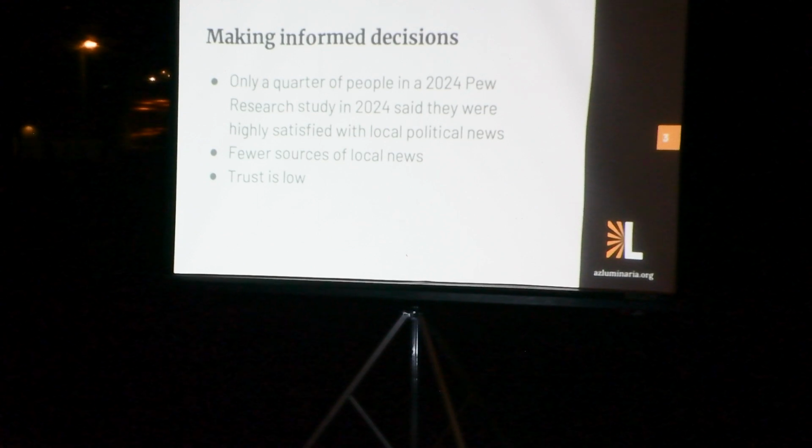And we're not the only place. This is happening everywhere. Trust is low, right? And that's because of AI, it's because of the election cycle, it's because of politicians, it's because of misinformation, it's because of the internet. There are lots of reasons, but it's hard to know who to trust.